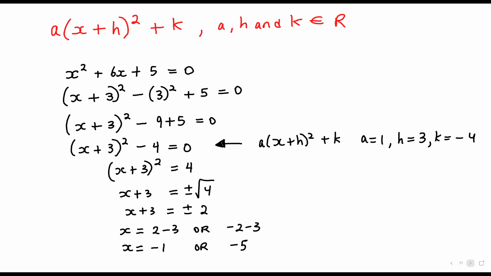And then finally, the last thing was expressing a quadratic in the form a(x plus h) all squared plus k, which is the general form. When we do past paper questions on this again, you'll see CSEC asks you for this form often. Now, they could use any letters, like p and q, but generally, these are the letters that they use.